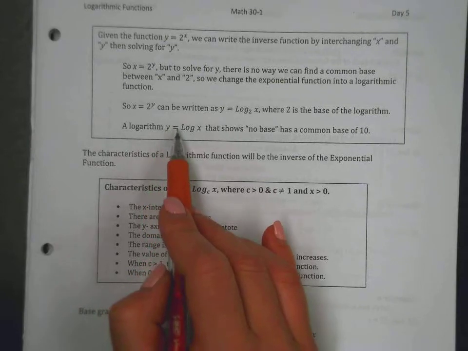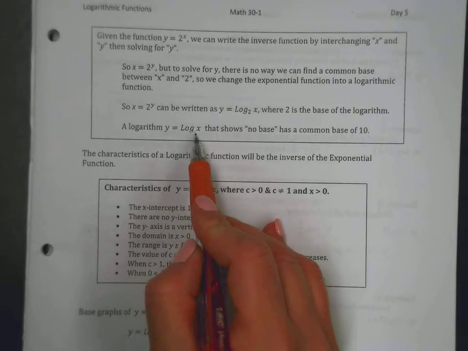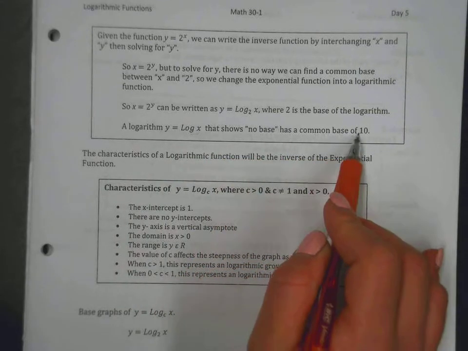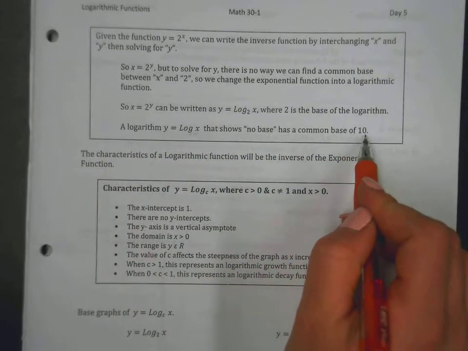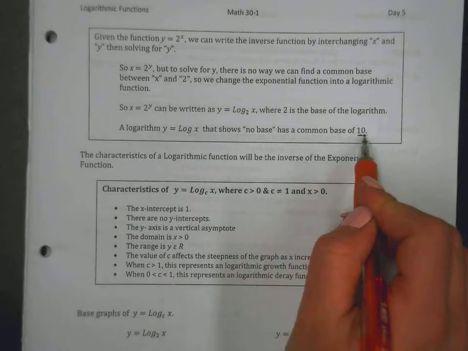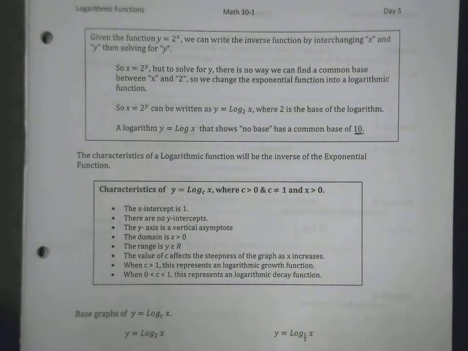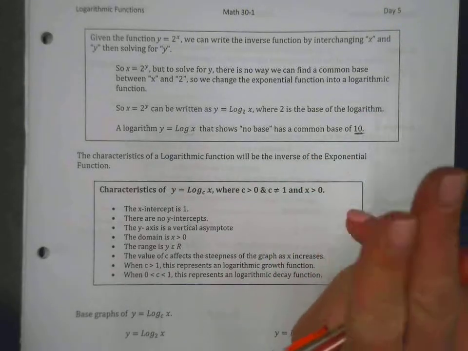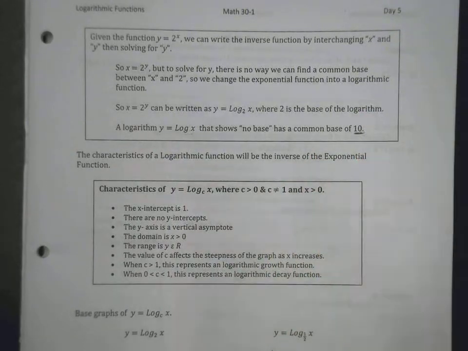This is along with base e, which we'll talk about later, but your calculator will only calculate in two bases, which is base 10 and base e. So we're going to learn also how to change the bases of our logarithms so we can evaluate things on our calculators. So the characteristics of a logarithmic function will be the inverse of the exponential function.